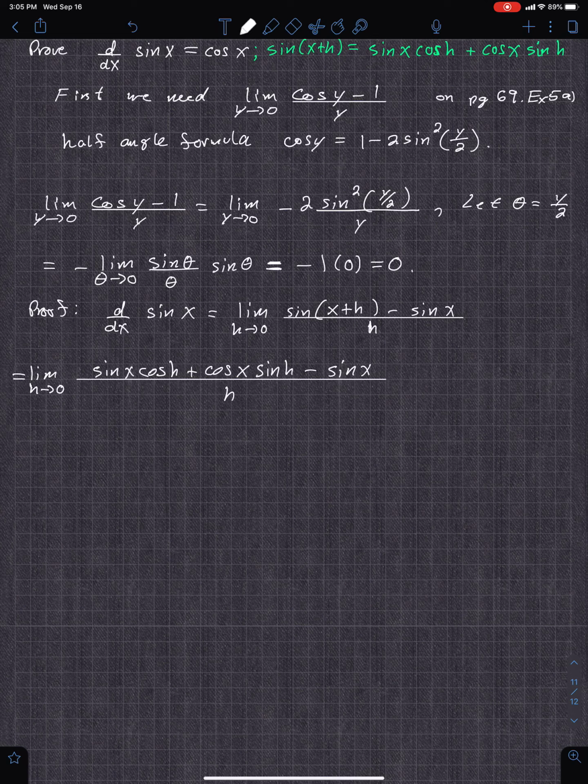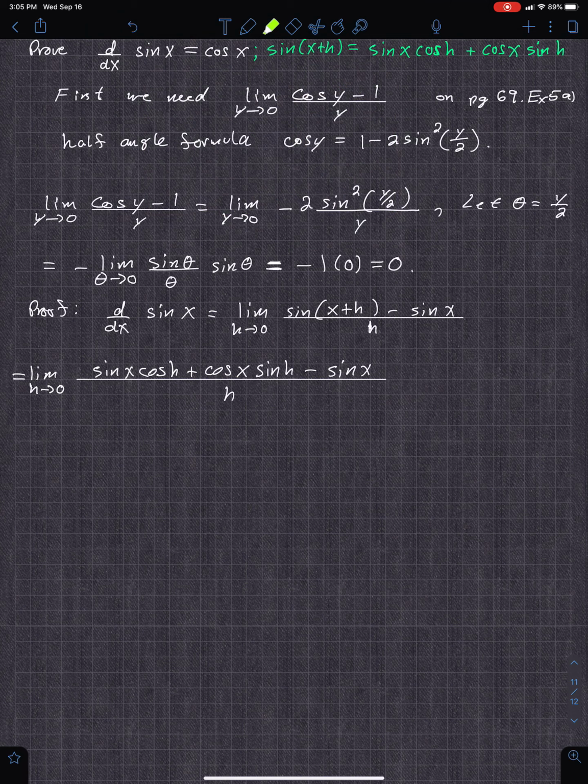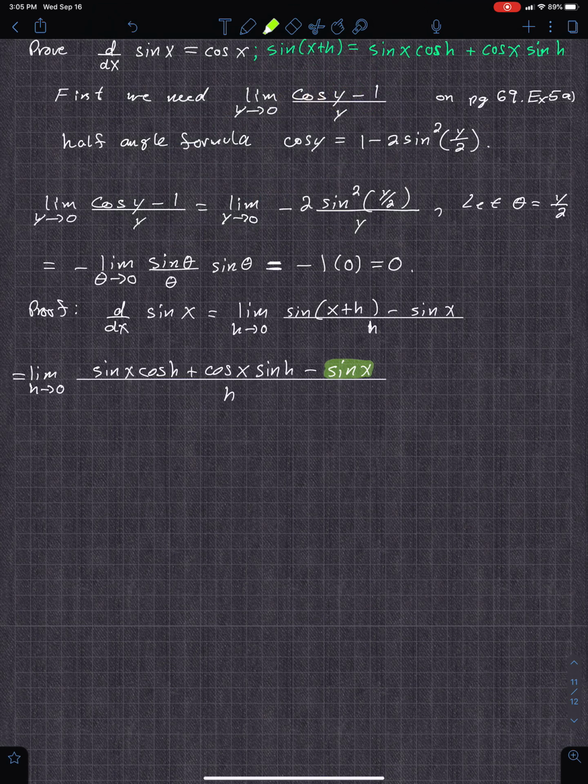So then we factor out sine x here and here, and rearrange terms.